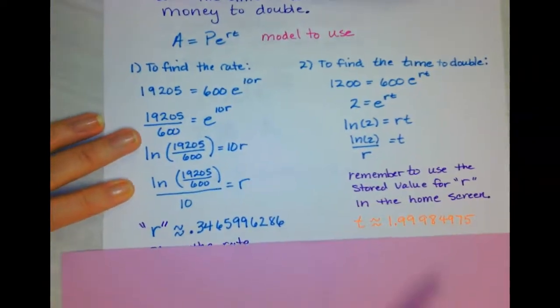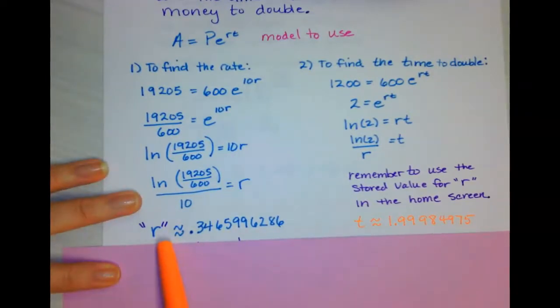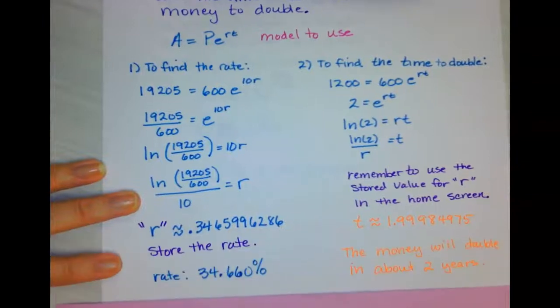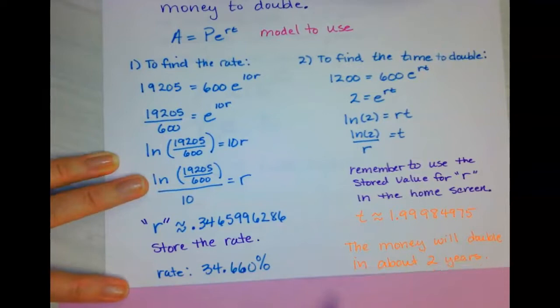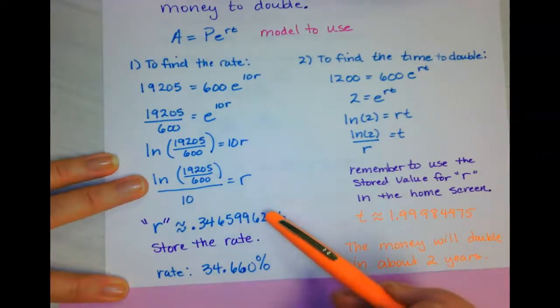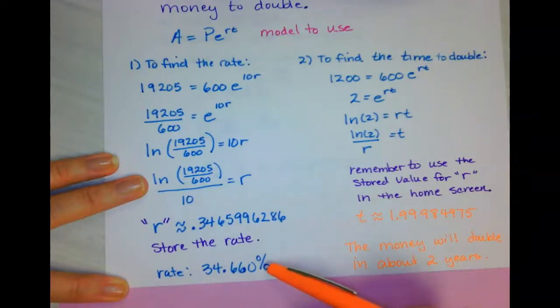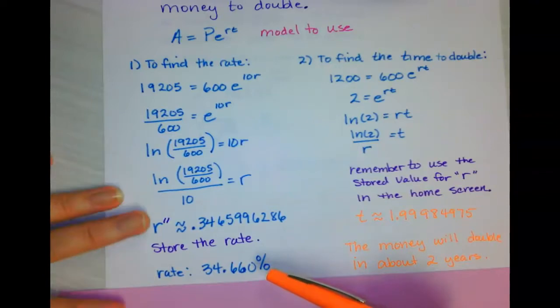Once we figure out what R is, we're going to store it in the calculator. So press the store button, alpha R. And so this is what we're storing in there, but remember, this is what it means. The rate is 34.660. So we're storing this, we're interpreting this, okay? Now, part 2, we need to find the time it takes to double.